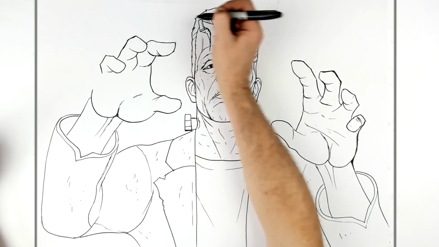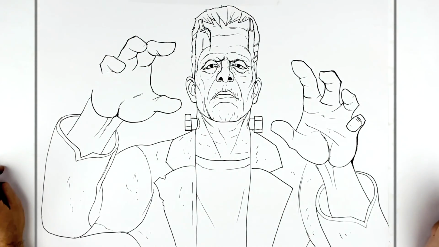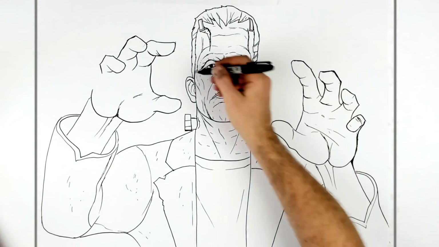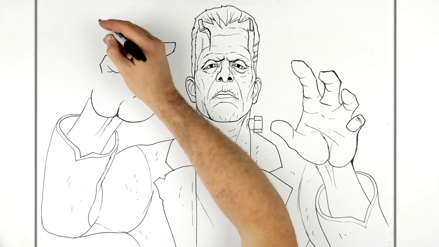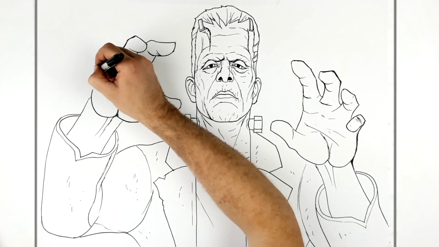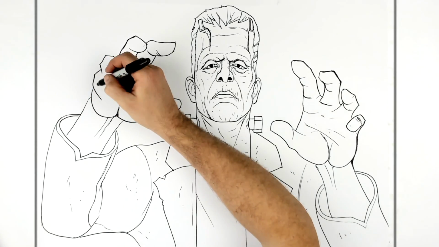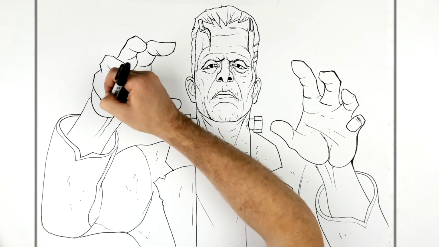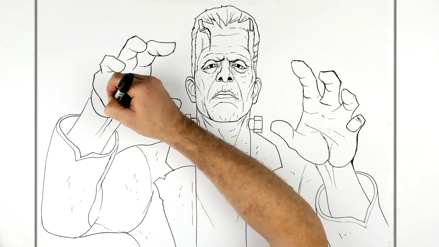I'm debating whether or not to give him fingernails, because they're not in the picture. And this is just a knuckle sticking out here, and then this goes down, out, and around here.